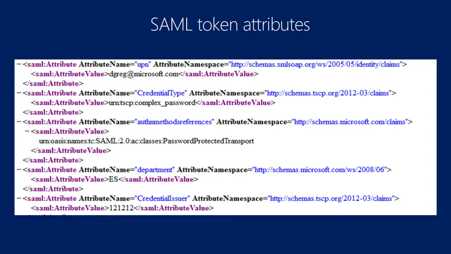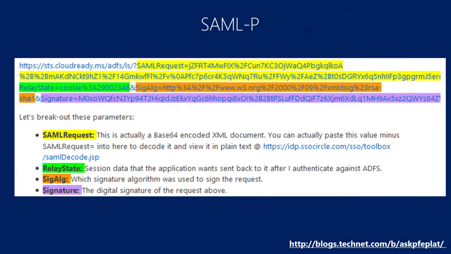And in it, it's got who issued it, where it's going to, it's signed, it's got a public certificate so you can verify the signature, et cetera, how long the token is going to last. But the most important thing is that it contains a set of claims, a set of assertions, a set of attributes, whatever you want to call it. So you can see in this particular SAML token, we've got an attribute of department with a value of ES.